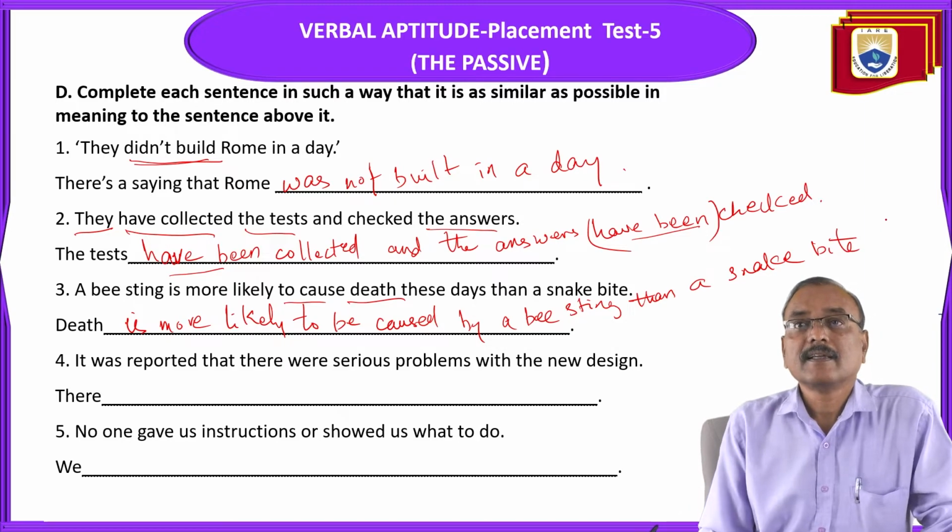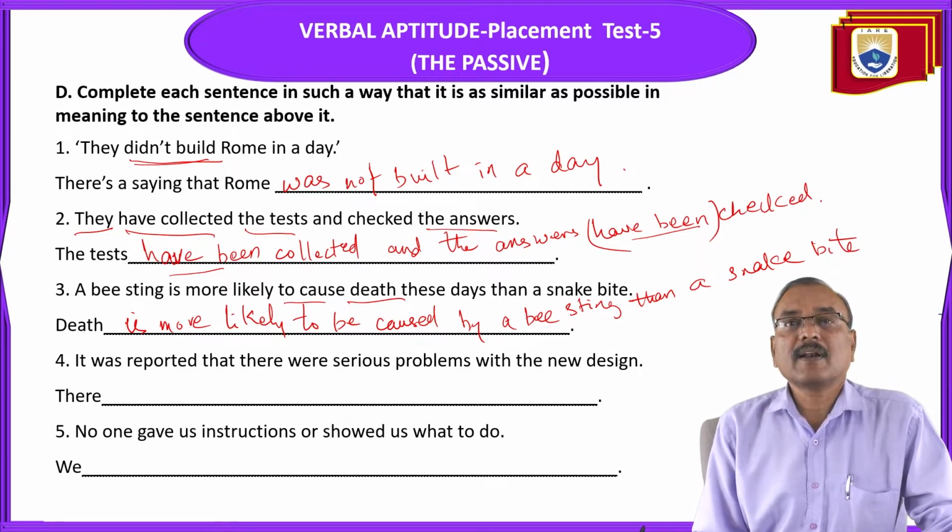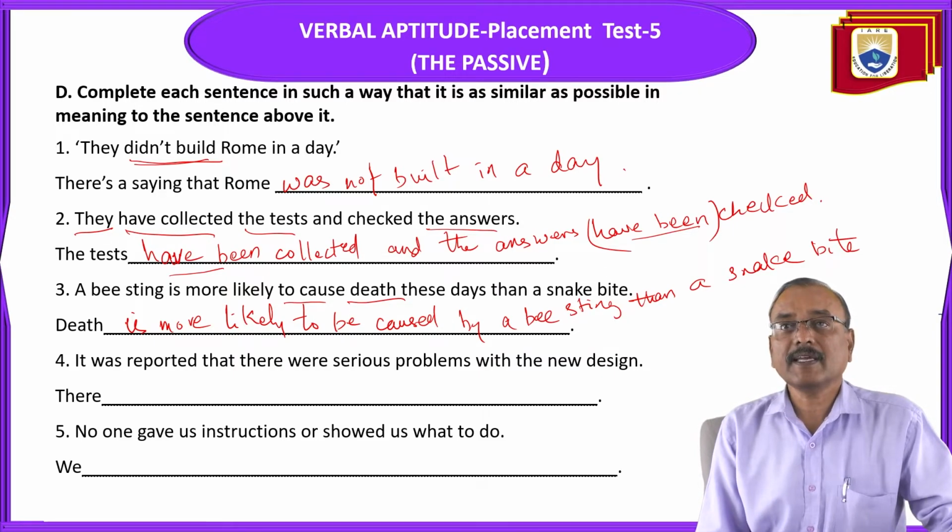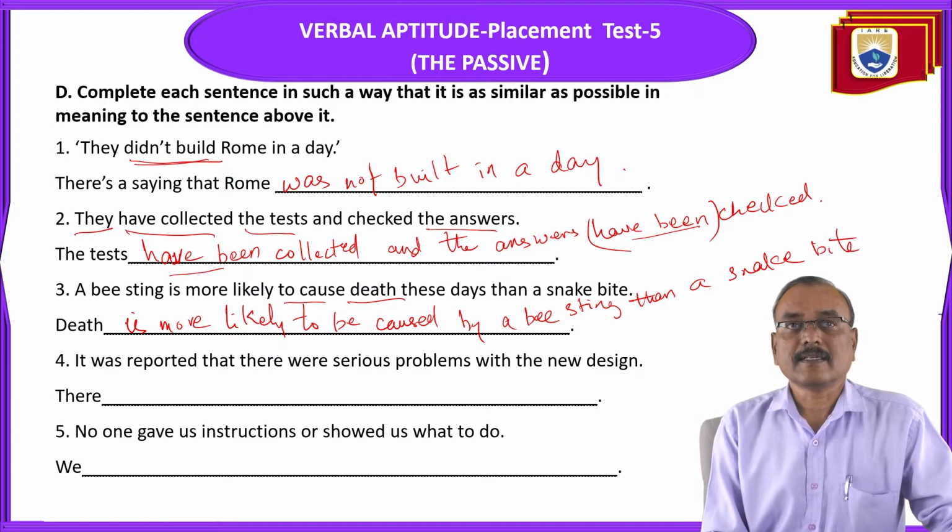Right? Is it clear? Death is more likely to be caused by a bee sting than a snake bite. Okay? Right.